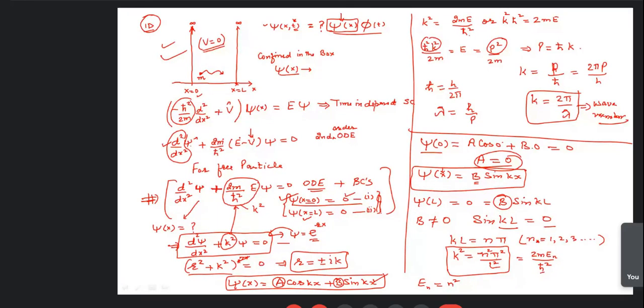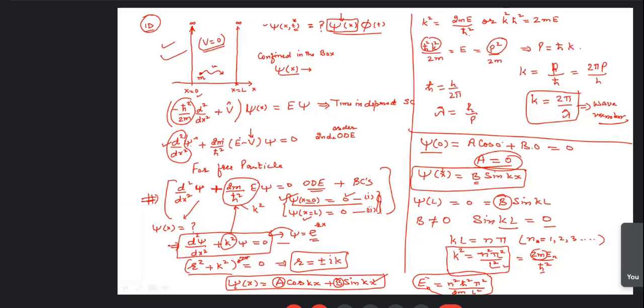Let me shift h bar to this side, so it is h bar square. I already have pi, so it is pi square divided by, let me shift this as well to the right-hand side, 2m. I already have L square there.